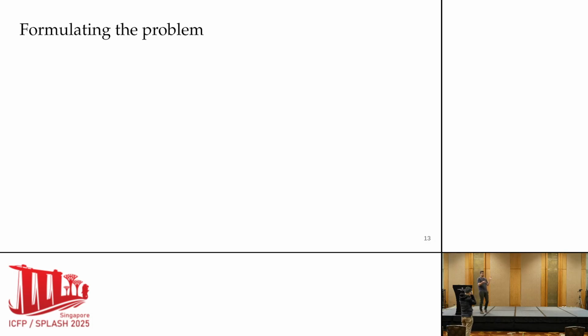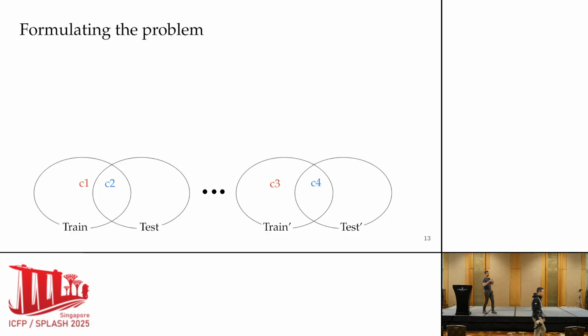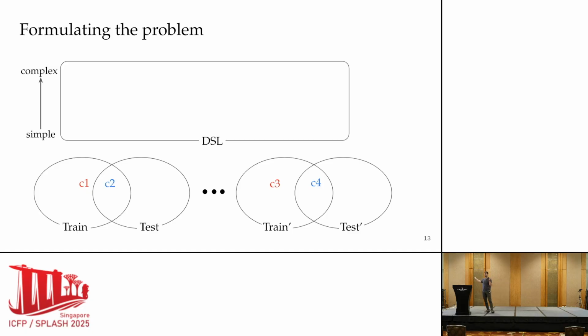Just to formulate the problem more precisely, the DSL learner gets multiple of these few-shot learning instances, and its goal is to somehow construct a DSL that maps some concepts higher up in the DSL, in the sense that they require more complicated expressions to express, and the solutions, the expressions that solve both the training and the testing examples, should be expressed more succinctly relative to those concepts.